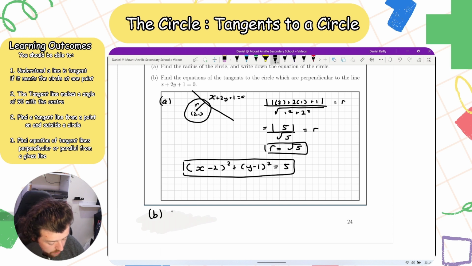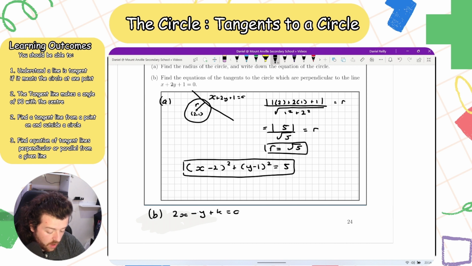So I have my line here. This is now going to be 2x minus y plus k equals 0. So that is my form of the perpendicular.